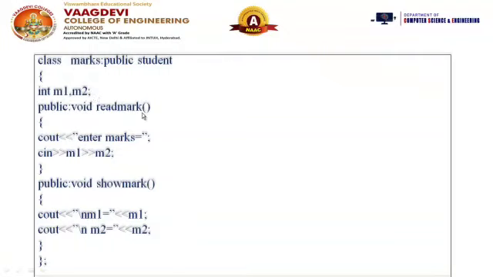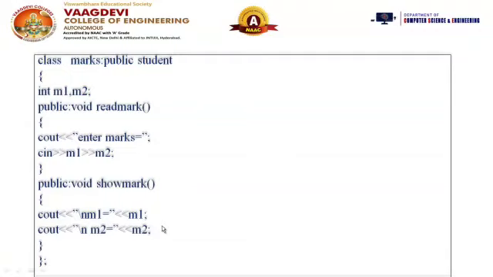This readMarks function which reads value from keyboard by using cin object and assign to m1 and m2 variable. The showMarks function displays the values in m1 and m2.